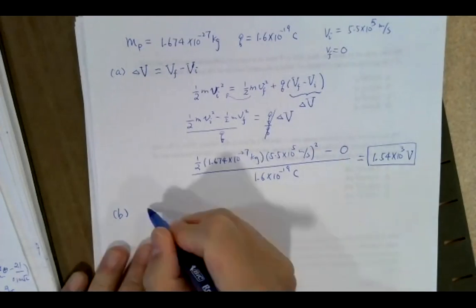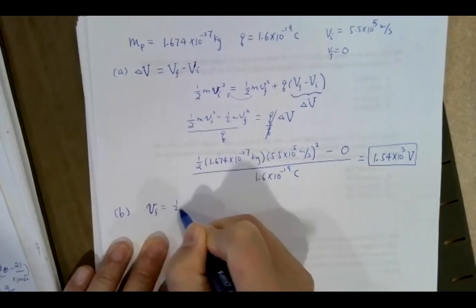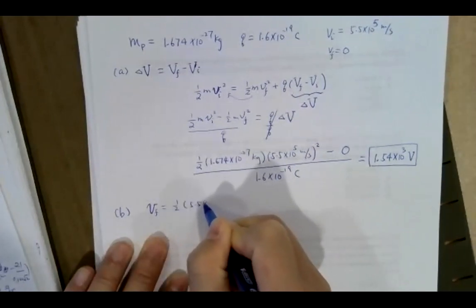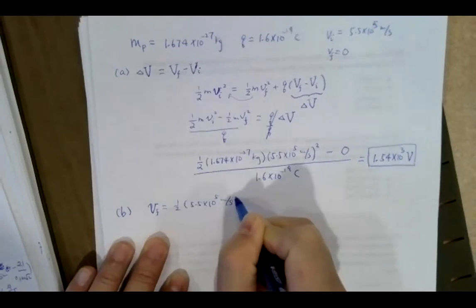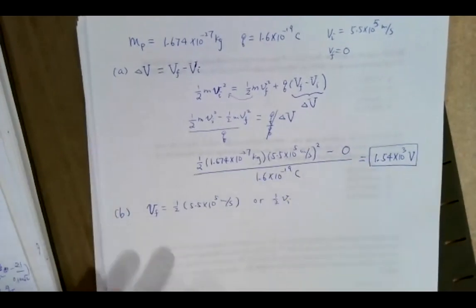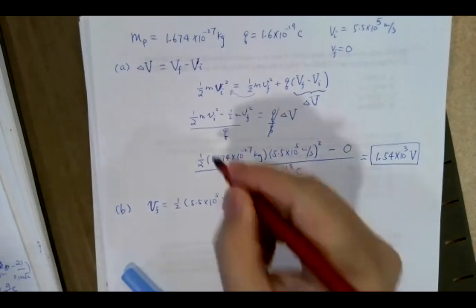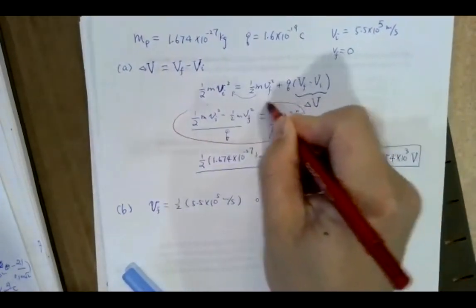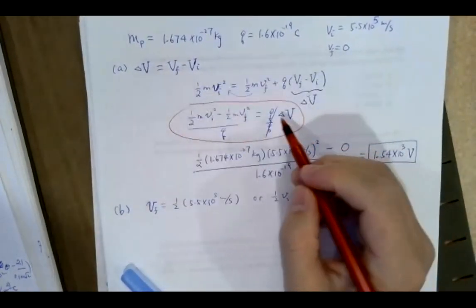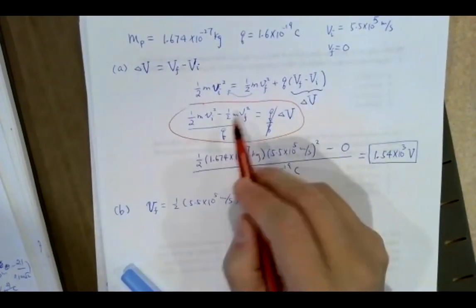So this time, V final is not 0, but it's 1/2 of 5.5 times 10 to the 5th, or 1/2 of V initial. We'll be using the same equation here for delta V, the potential difference, but change the V final speed to be 1/2 of the initial one.